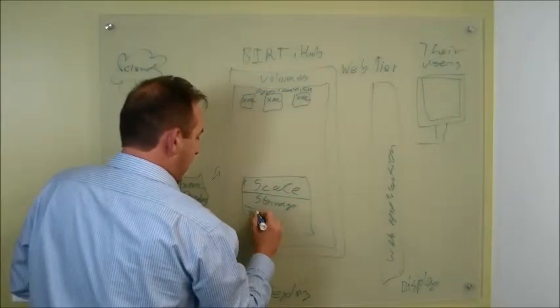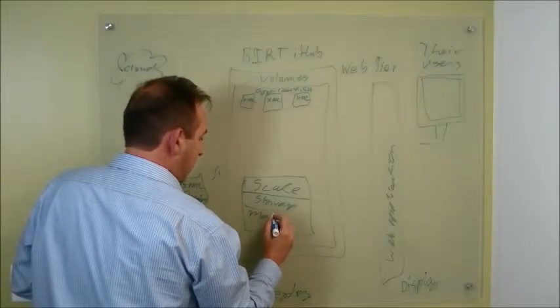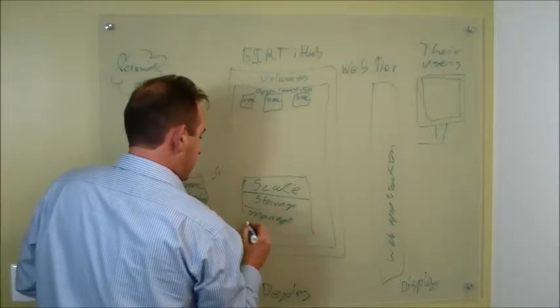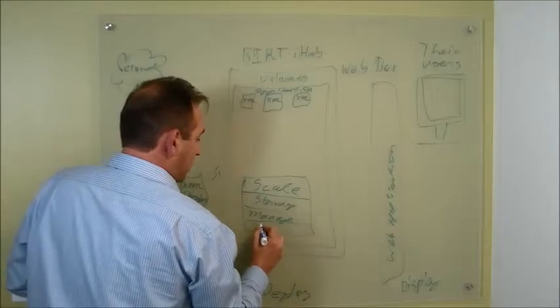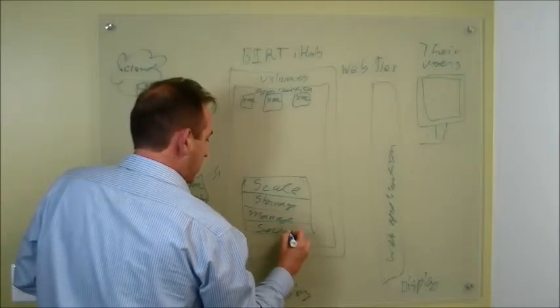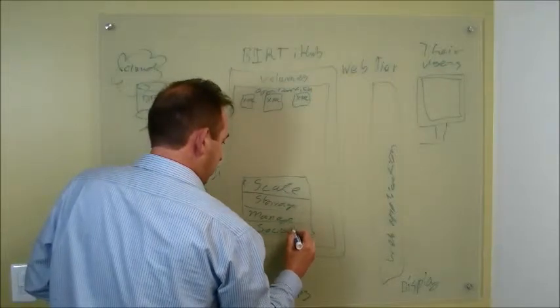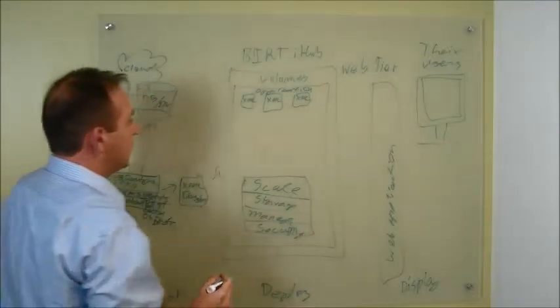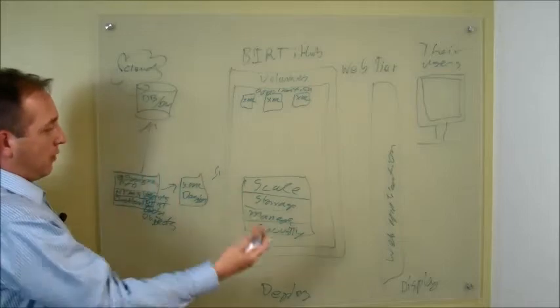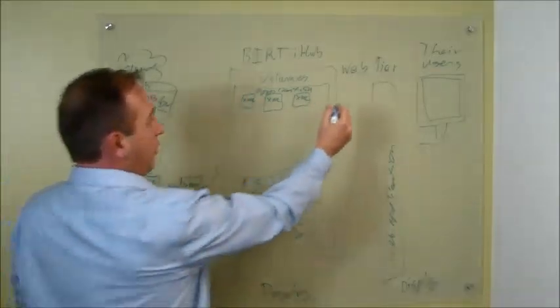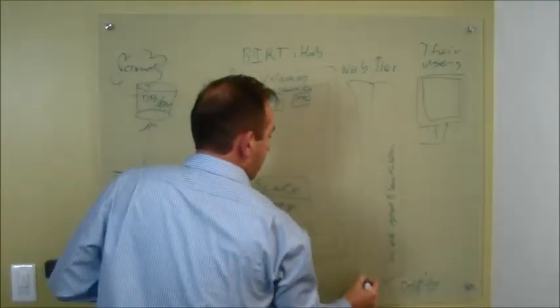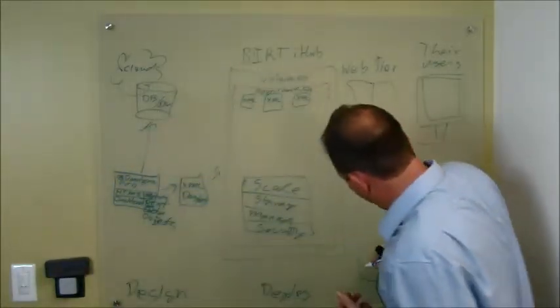Then managing all the content, users, all that, as well as security, ensuring their data gets to the right people. So all this is managed by the BIRT Information Console.